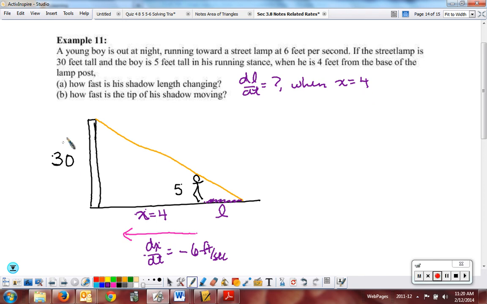Oh, look, I have right triangles that overlap. I can say 5 is to 30 as L is to X plus L. That's fine. We're finding a formula relating our variables, which are changing, which is what we want.